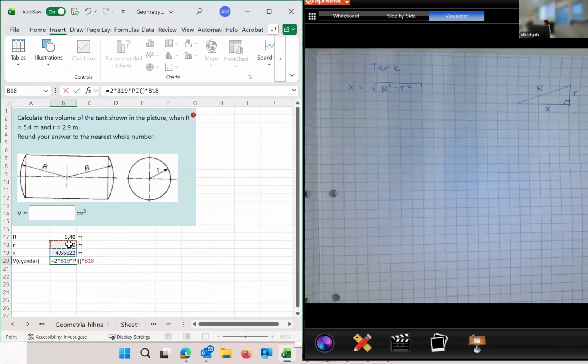Small r squared. And now I already got that in cubic meters. Oops, I can't. Just mark it like this.